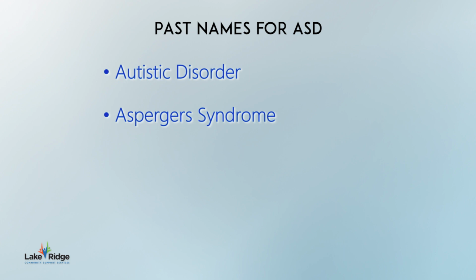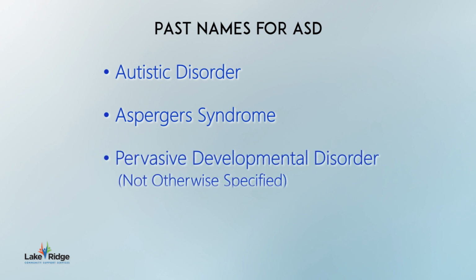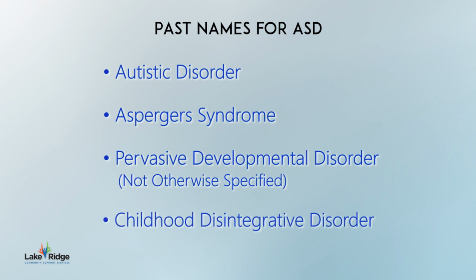In the past, ASD may have been referred to as autistic disorder, Asperger's syndrome, pervasive developmental disorder not otherwise specified, or childhood disintegrative disorder. The DSM-5 does not separate or describe variations in this way any longer.